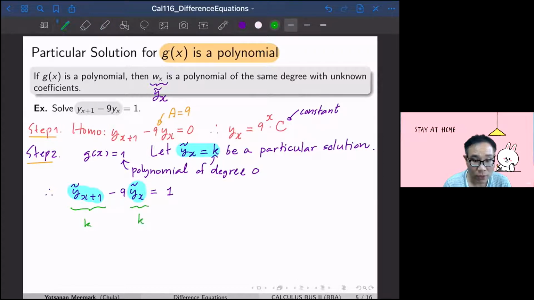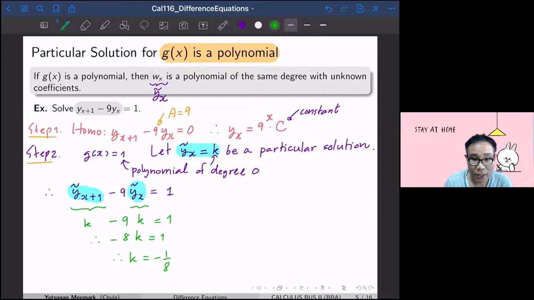Okay, so it's going to be k minus 9k equal to 1. And you see that you have negative 8k equal to 1. So you get k equal to 1/8.